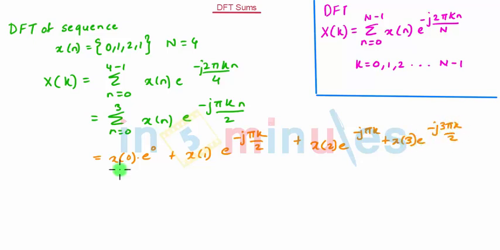Now the x of 0, x of 1, x of 2, x of 3 are the values of x of n. So we simplify the terms and finally we get 0 plus e raised to minus j pi k by 2 plus 2 into e raised to minus j pi k plus e raised to minus j 3 pi k by 2.